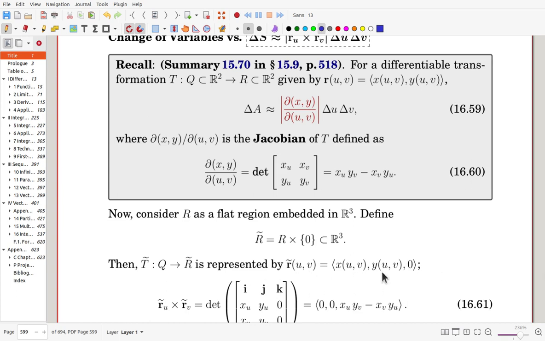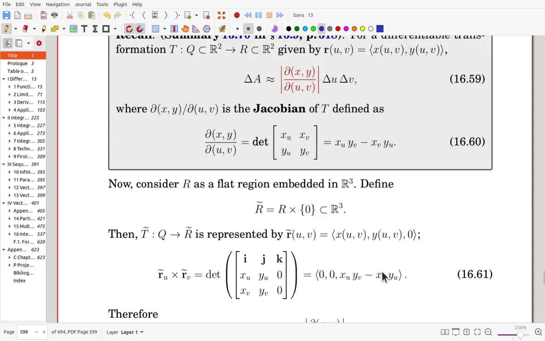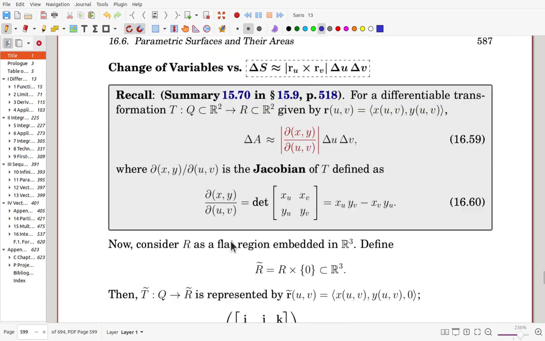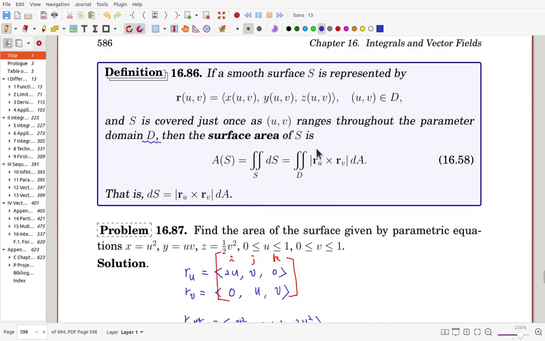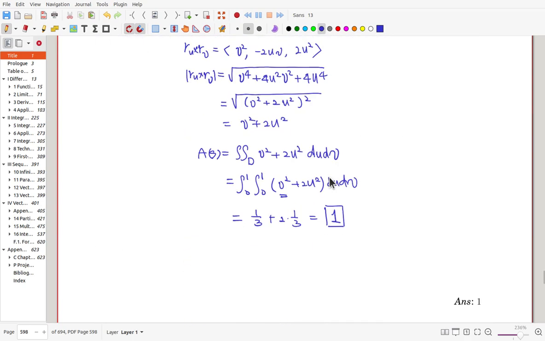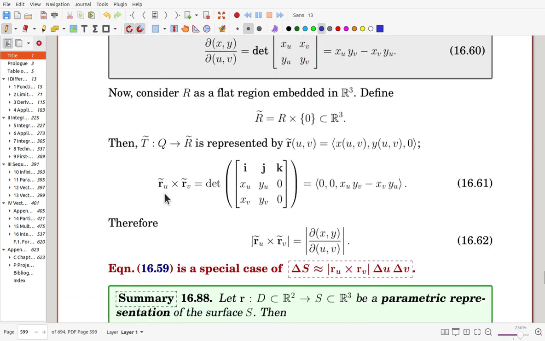So we consider that a surface in 3D. Then, using the formula we explored earlier, R sub u cross R sub v, we try to get R sub u and R sub v for this embedded representation. Then we have this metric and determinant, and we reach that one.